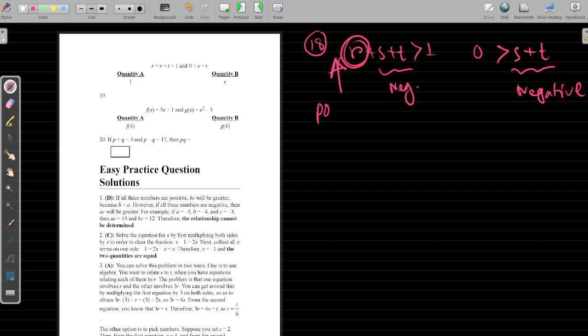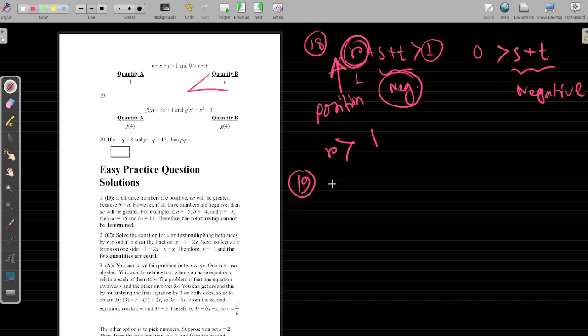Of course positive. r must be greater than any value of this negative value, so that our whole sum will be greater than 1. So r must be greater than 1, because if this one is 1 and this one is negative, this will never be greater than 1. That's why r is always greater than 1. So this one is greater.